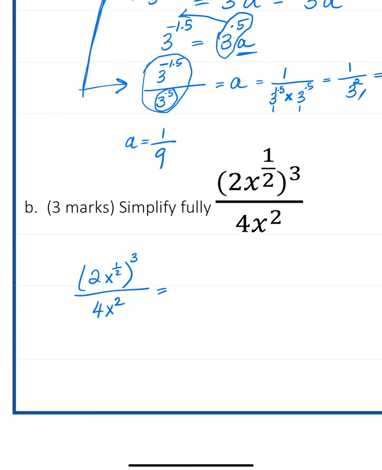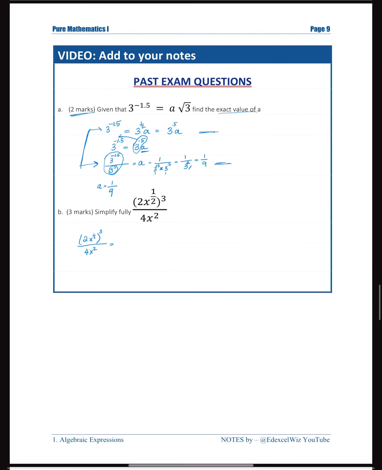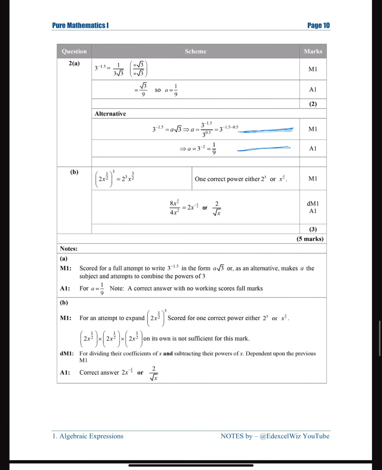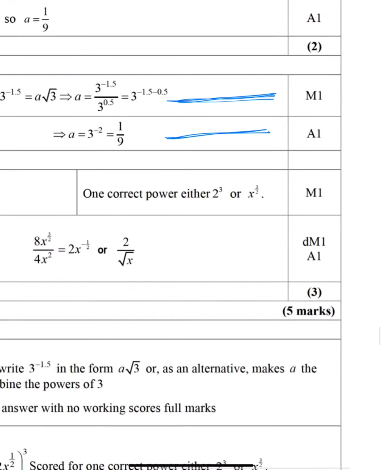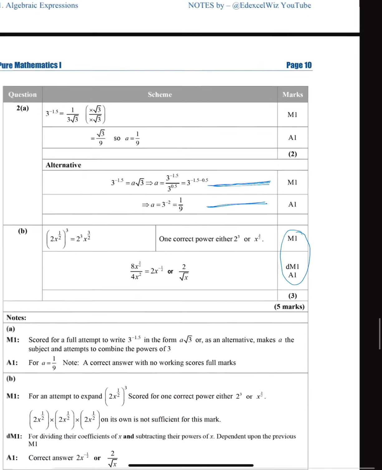So we can write this again. There are steps. So this is 3 marks. So if you look at this part B here, you can see how the marks are divided out, right?